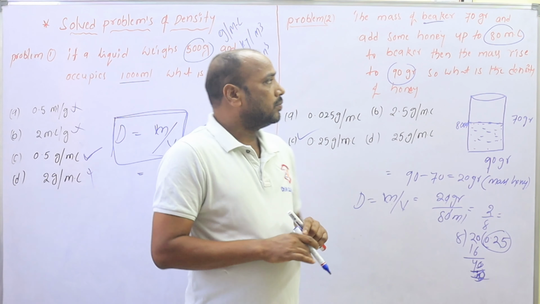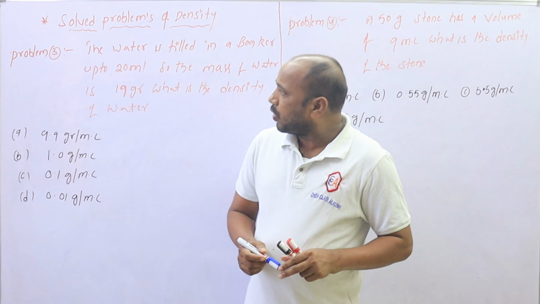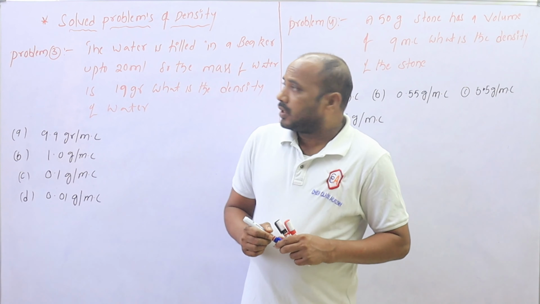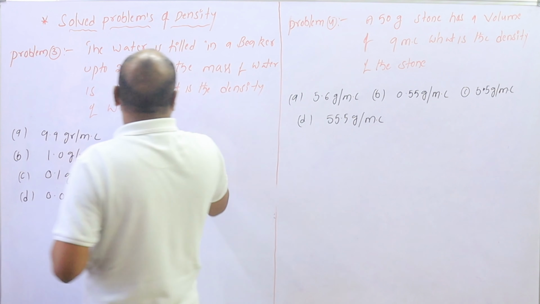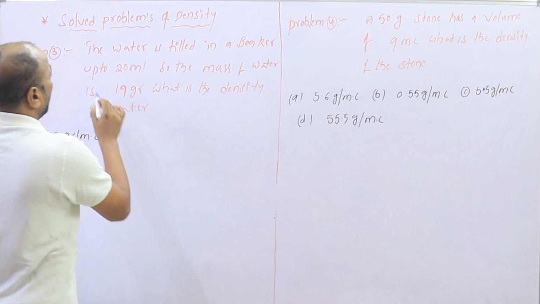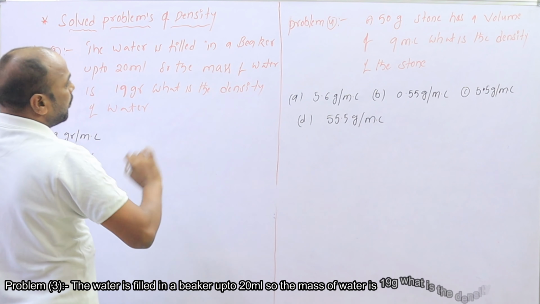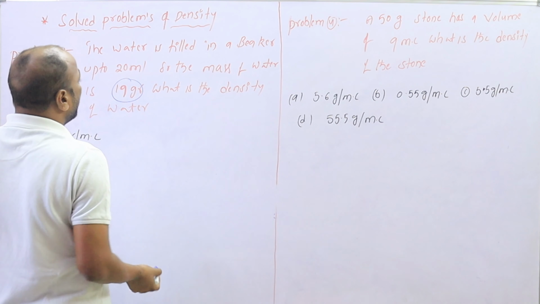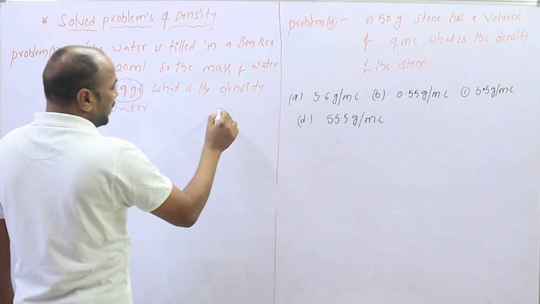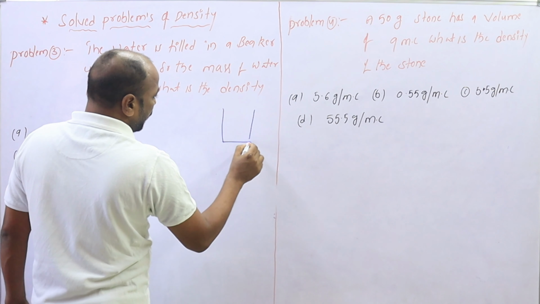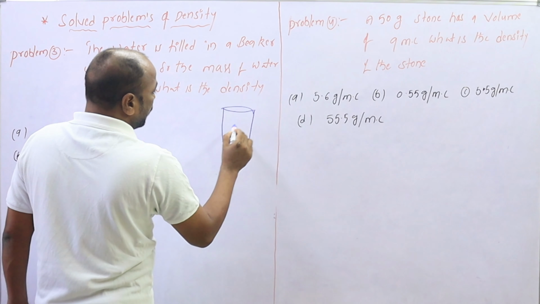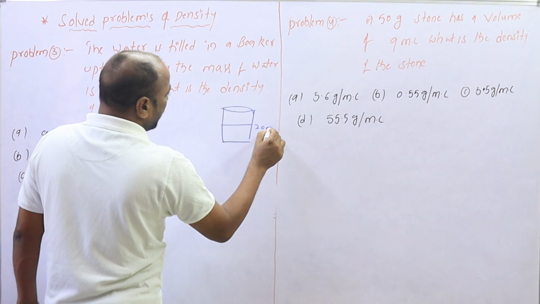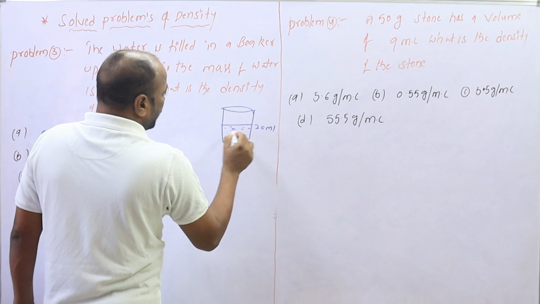And the next problem, the third problem: water is filled in a beaker up to 20 ml. The mass of the water is 19 grams. What is the density of water? You take a beaker and fill it up to 20 ml of water.